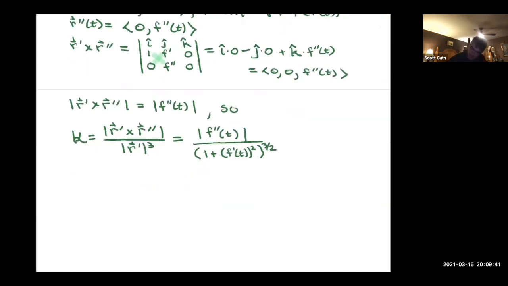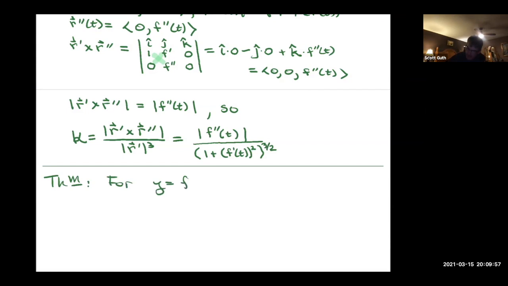Okay, so that's sort of a theorem too. Oh, right, this is a theorem. So for y equals f of x, kappa, you don't need to bring t into it.